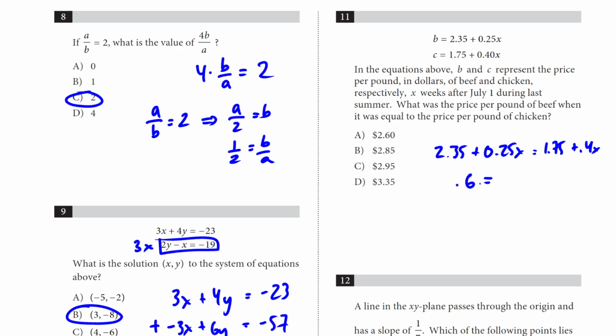We'll subtract 0.25 from 0.4 to get 0.15x. Now this is a pain because I'm dealing with fractions, so I'm just going to multiply each of these by 10 to make my brain work a little bit better. So 1.5x is equal to 6. We can divide both sides by 1.5.